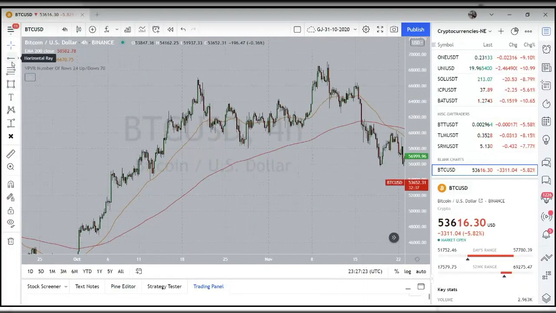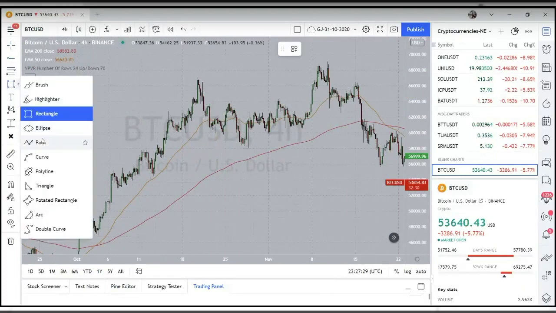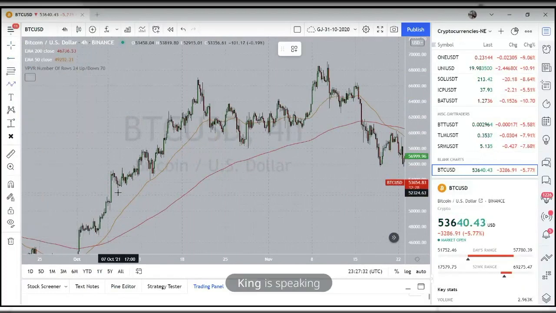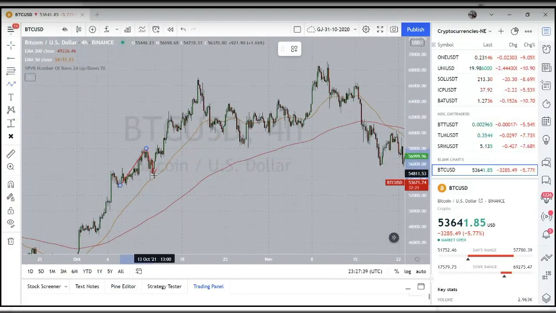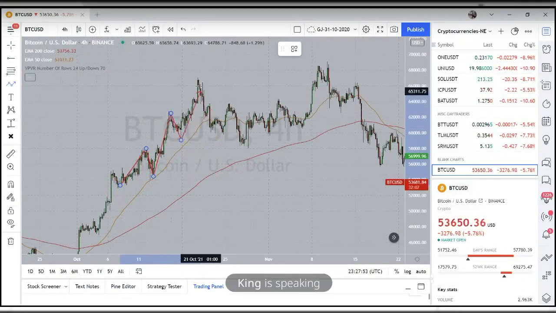Once you get a swing and price cannot make a new high, so we've got a new high made, we got a swing, price can't make a new high, and it's broken the lows. And obviously we have this already, this market structure break on this trend here.